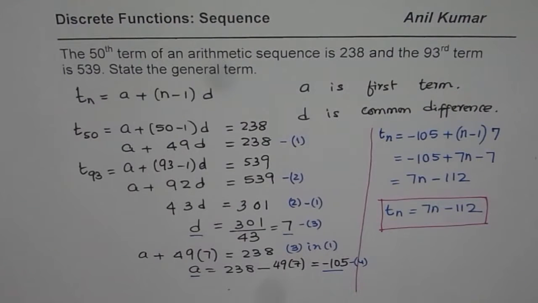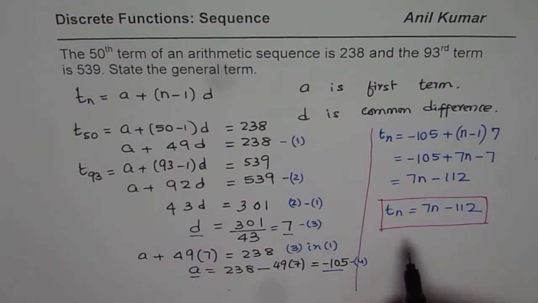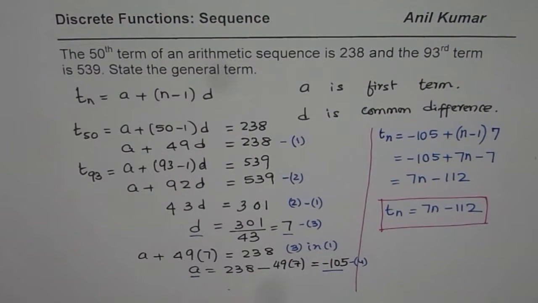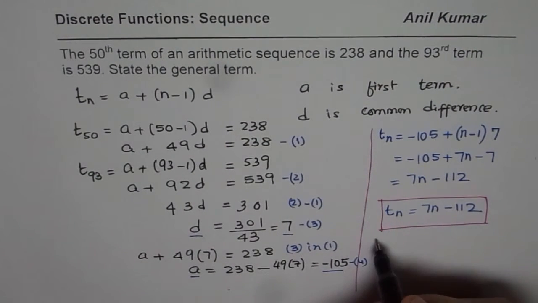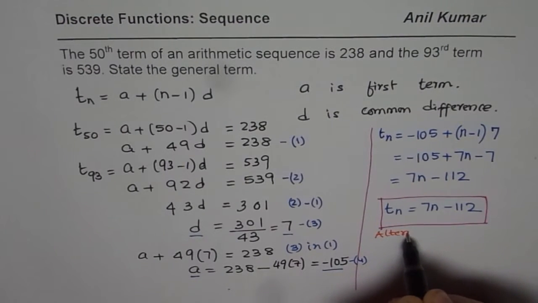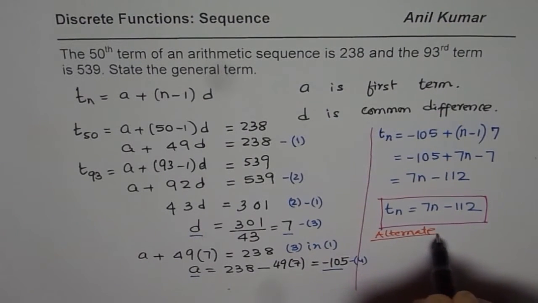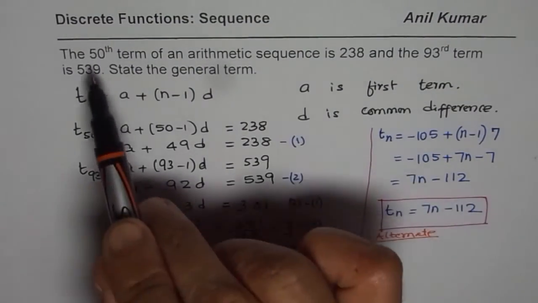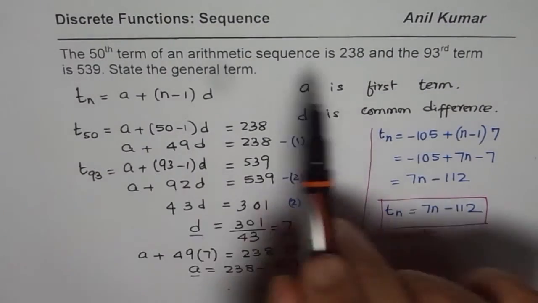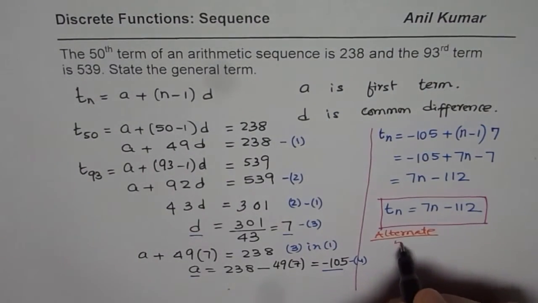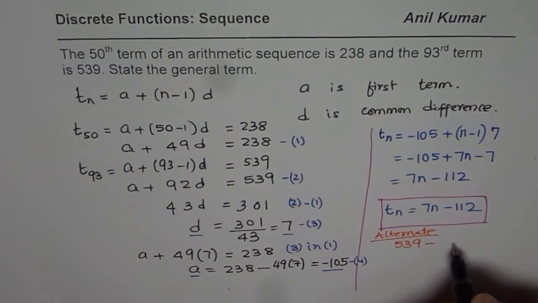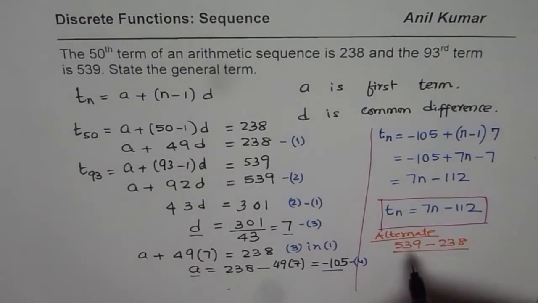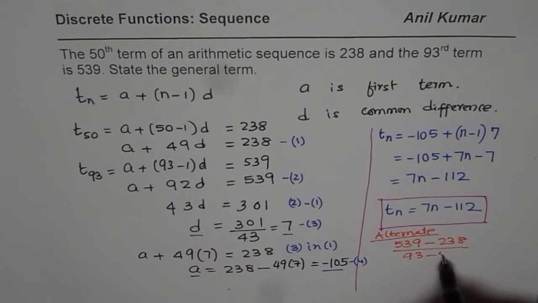There is one suggestion. At times you can find the common difference in an alternate way. Let me show you the alternate method of finding the difference. Once we know the two terms, which are the 93rd and 50th, 539 and 238, then 539 minus 238 divided by how many terms are there in between, 93 minus 50, right?